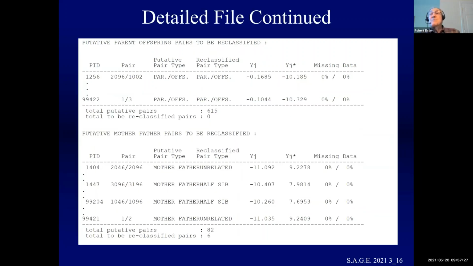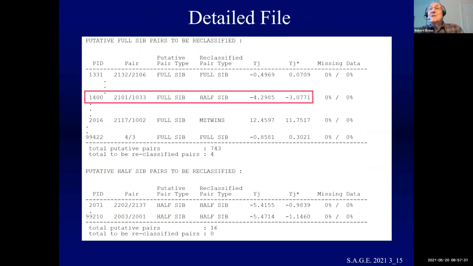And if you look at this, oh, it's gone. There was the particular, it's telling you that this pedigree ID, that's the pedigree ID, and this individual in it, which you said were full sibs, but it's telling you no, they're half sibs, and it gives you the 2 statistics as well.